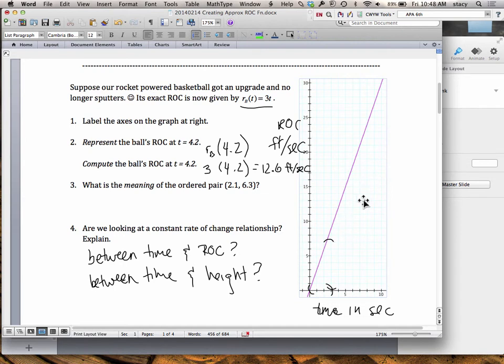And this rate of change is not a constant. It's changing, right? At different values of time, the rate of change is a different value. So this is a changing rate of change. Cool? Okay. All right.